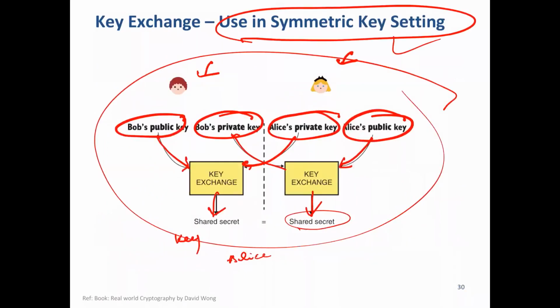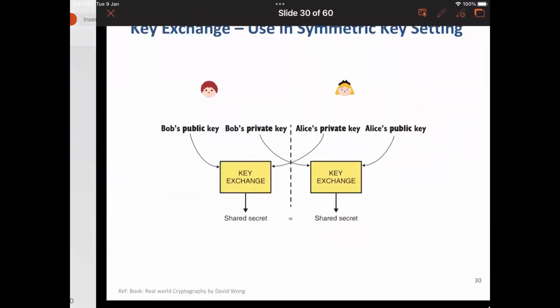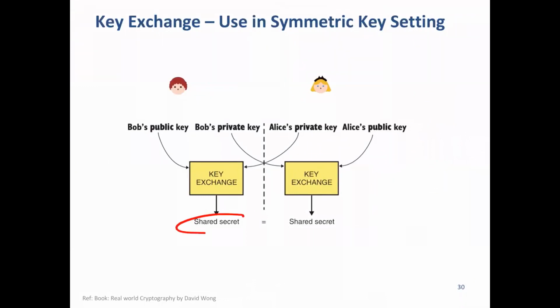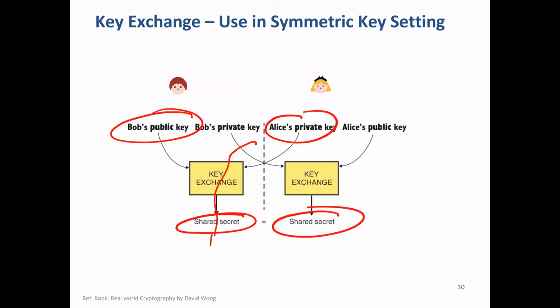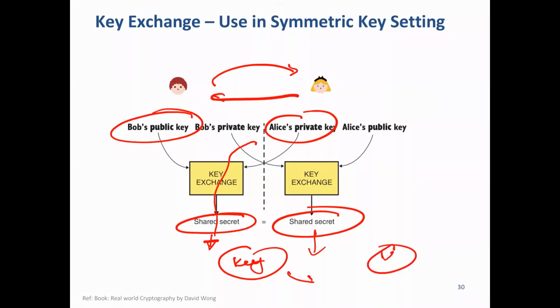So what we did earlier is that, using the public key of Bob and her own private key, Alice can generate a shared secret. Similarly, Bob can generate a shared secret. What we have achieved is a common shared key, and once both have the key available, we use symmetric key encryption.